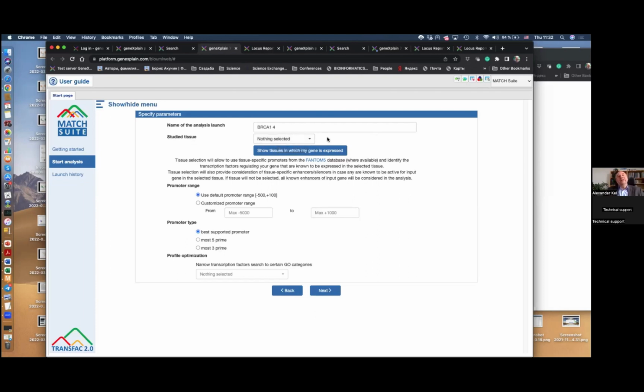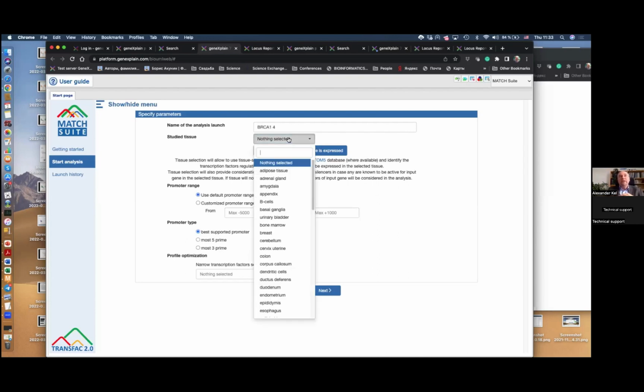In that case, the system takes all known promoters for that gene, which are acting in different tissues, and also adds not only potential but known enhancers in those different tissues. So it will analyze not only the promoter, but also enhancer regions associated with that gene in different tissues.